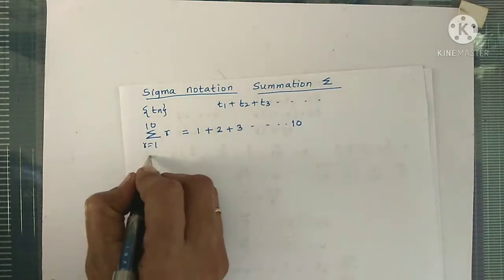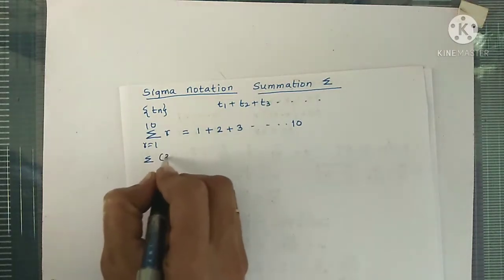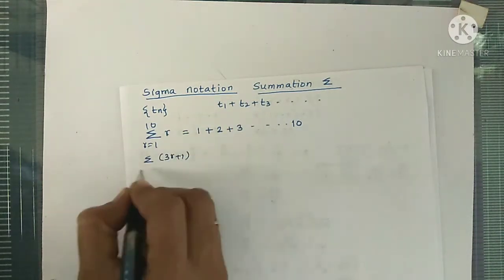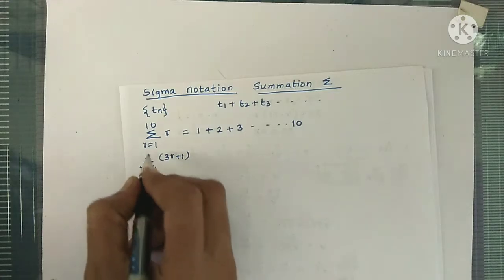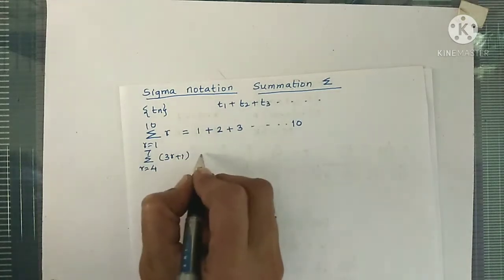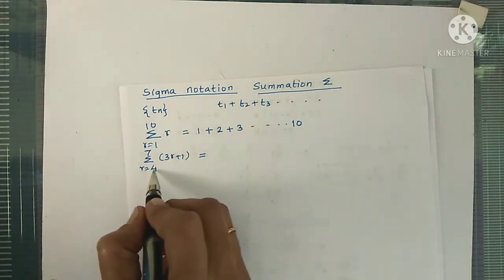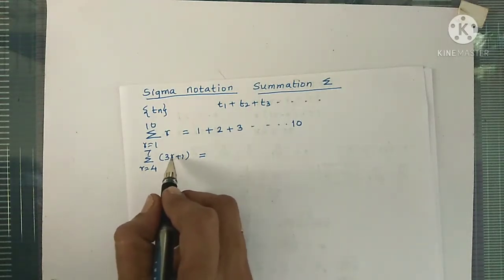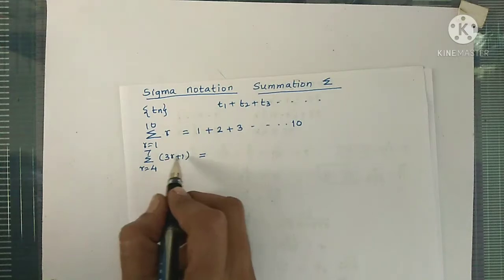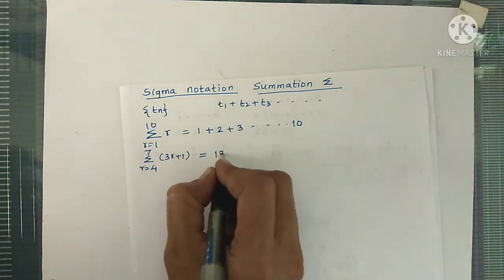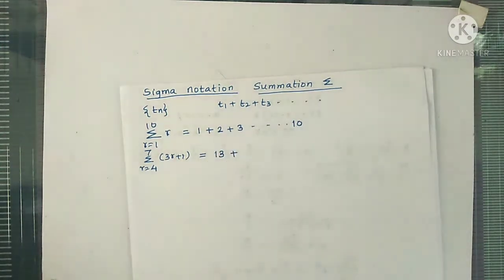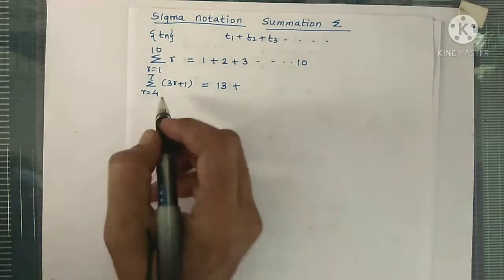If I write like this, say summation 3r plus 1, r equal to 4 to 7, what happens? Let's see. We have to start with r equal to 4. So r equal to 4 gives 4 into 3, 12 plus 1. So the first number is 13. Now the next natural number is 5.